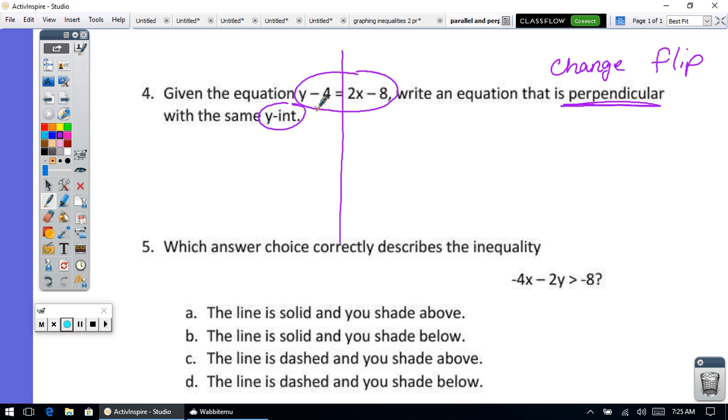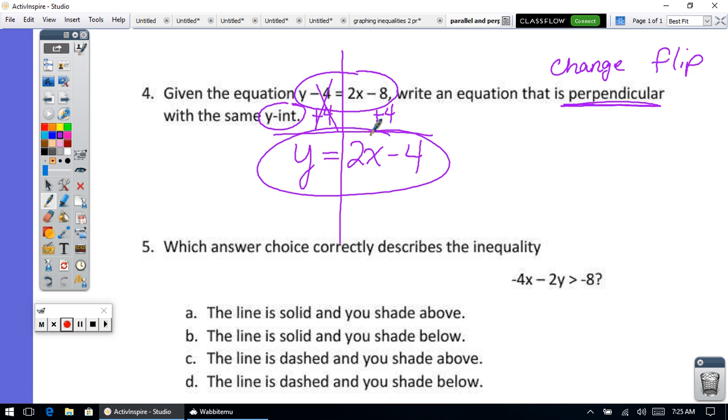I don't have to divide by 1 at the end. So let's just do opposites of -4. Let's just do +4, +4. And so you're left with 2x minus 4 on the right. Bring down the y. See how y is already in y equals? We're good to go. Now let's do our change flip with our slope. Well, notice the slope is positive. We need to change it to negative.